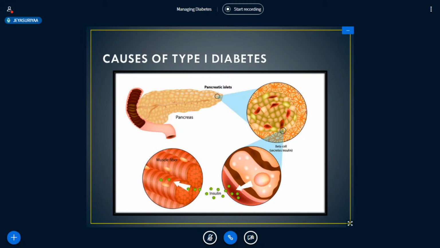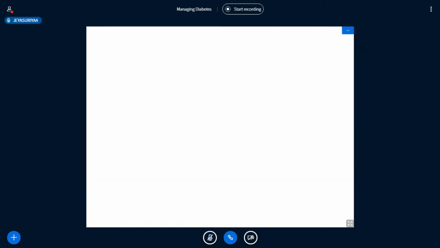Instead of being transported into the cells, sugar builds up in the bloodstream, as there is a lack of insulin secretion. Type 1 is thought to be caused by a combination of genetic susceptibility and environmental factors, though exactly what those factors are is still unclear. Weight is not believed to be a factor in type 1 diabetes.